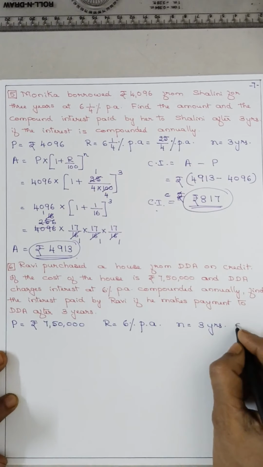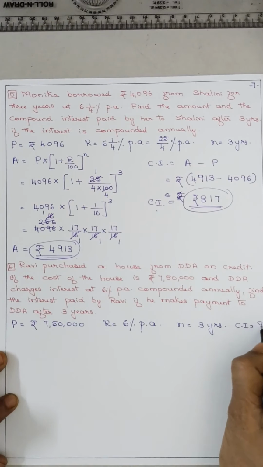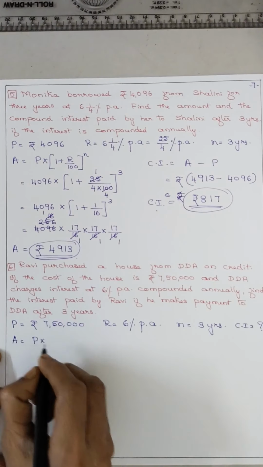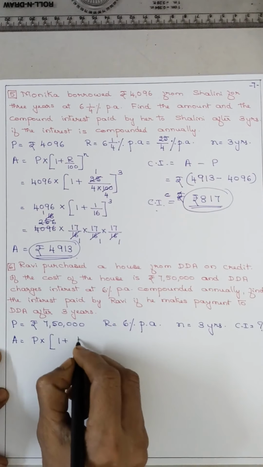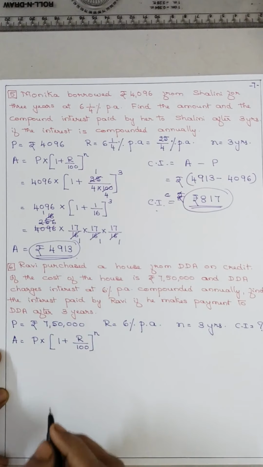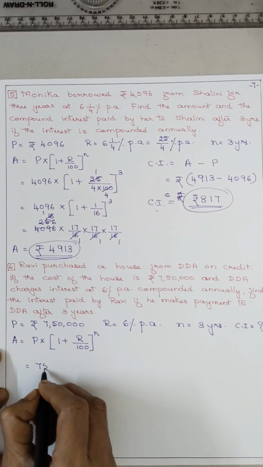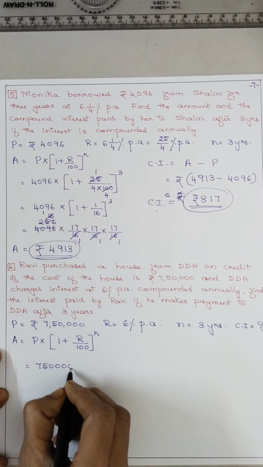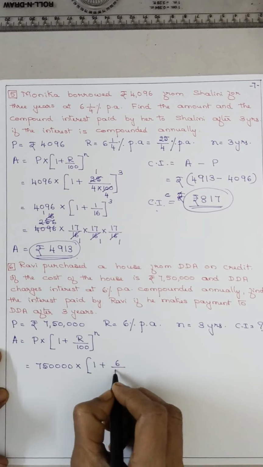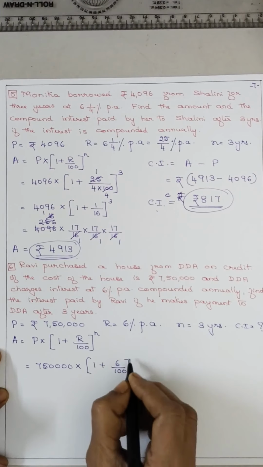So they have asked find the interest. CI they have asked. CI is equal to how much? So A is equal to P into 1 plus R upon 100 the whole raised to N. 7,50,000 into 1 plus 6 upon 100 the whole raised to 3.